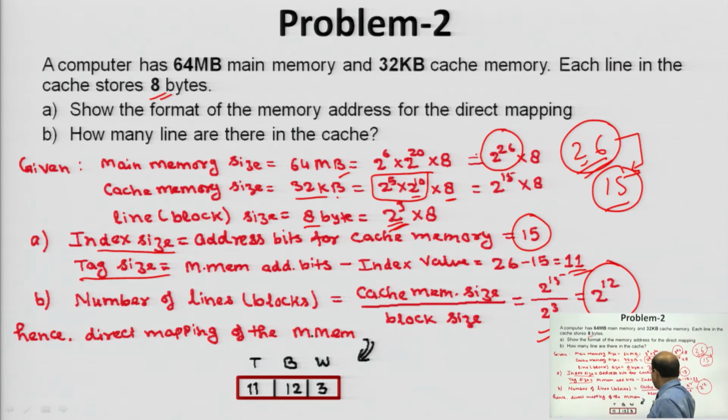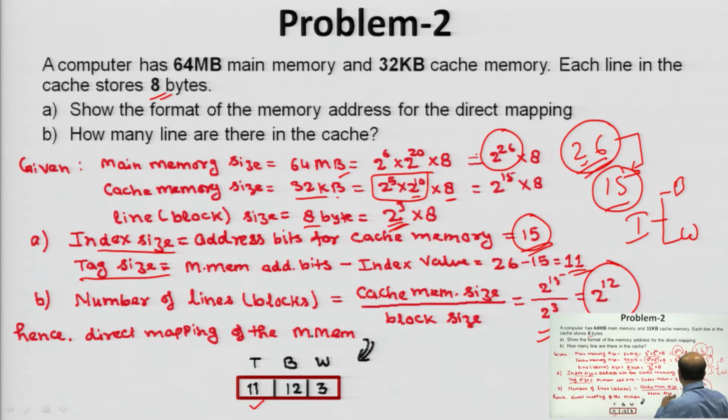Now, we can easily map the tag, block and word in the case of direct mapping. How many bits are required for the tag? It is 11. How many bits are there for the index? It is 15 as we have calculated, and this index will be divided into two parts, block and word.